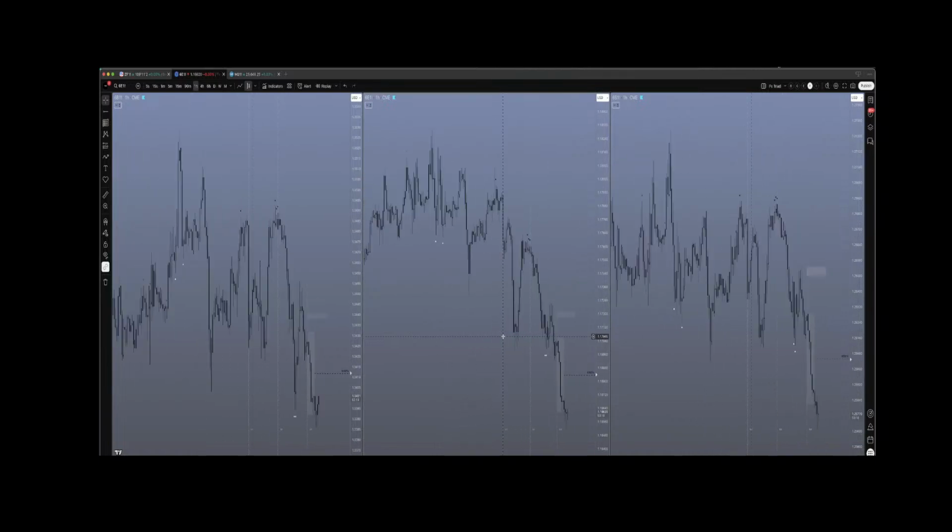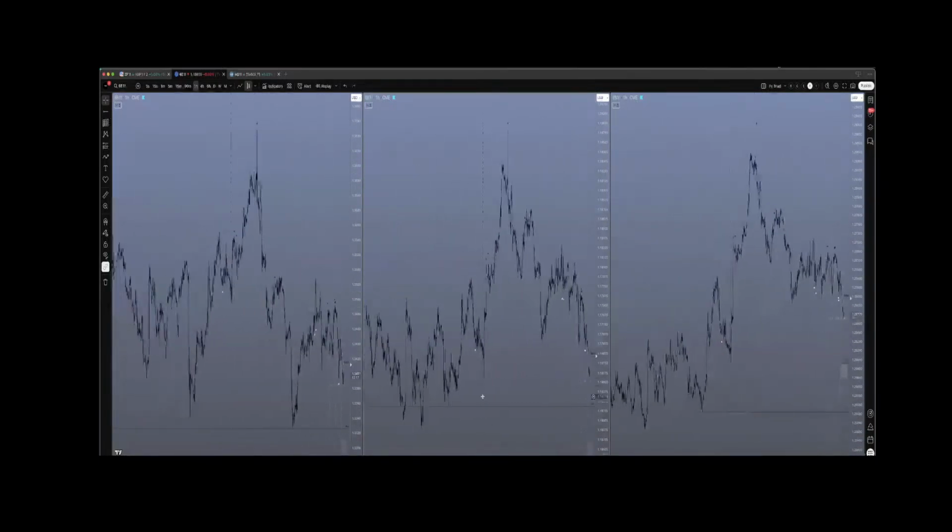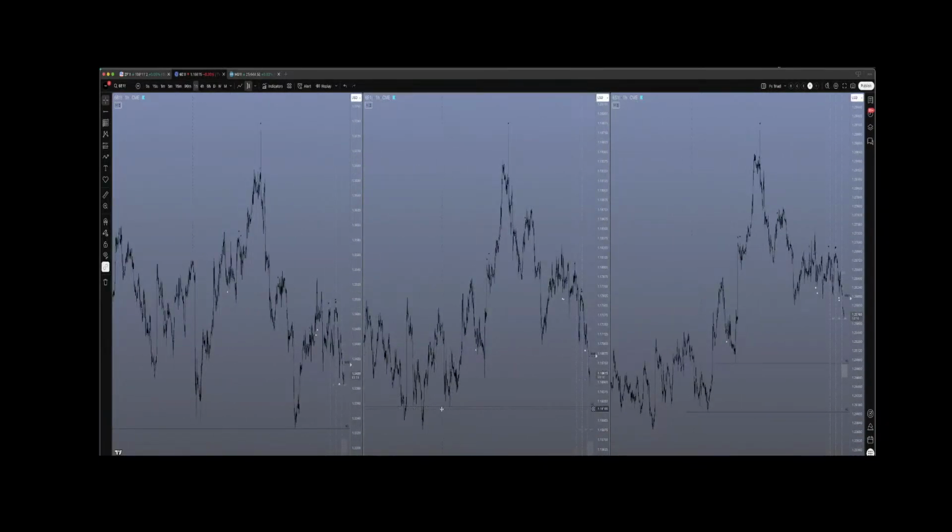So yeah, like I said, we are drawing into, that was the weekly level, wasn't it? And this is the monthly level.